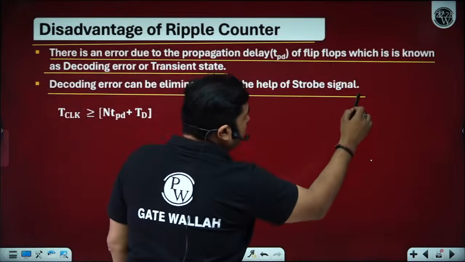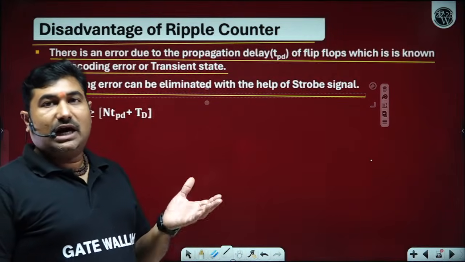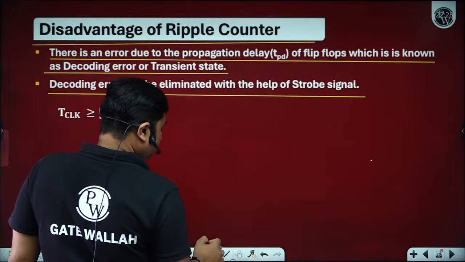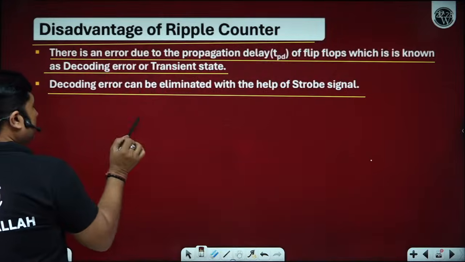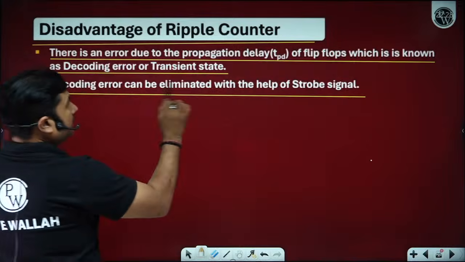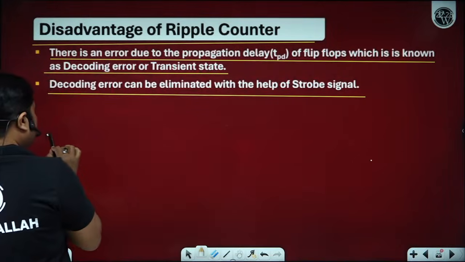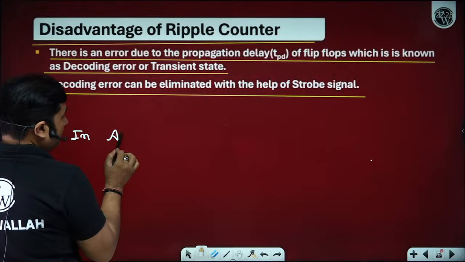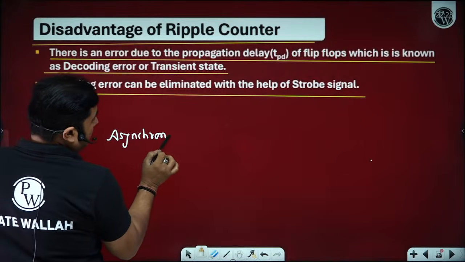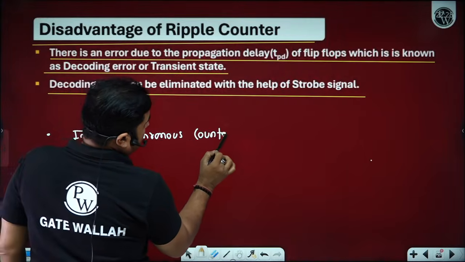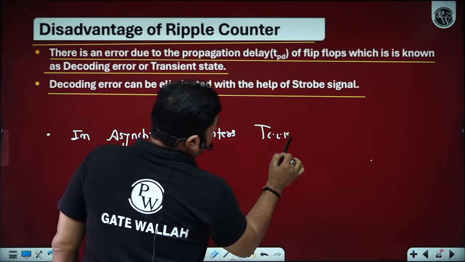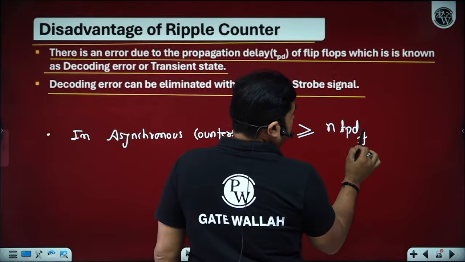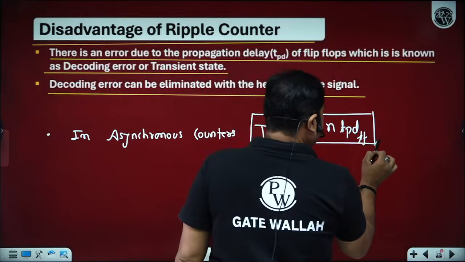The decoding error can be eliminated by using a strobe signal, where the outputs are passed through an AND gate. Also always remember, in asynchronous counters, the time period of the clock must be greater than or equal to n times TPD FF, where TPD FF is the propagation delay of the flip-flops.